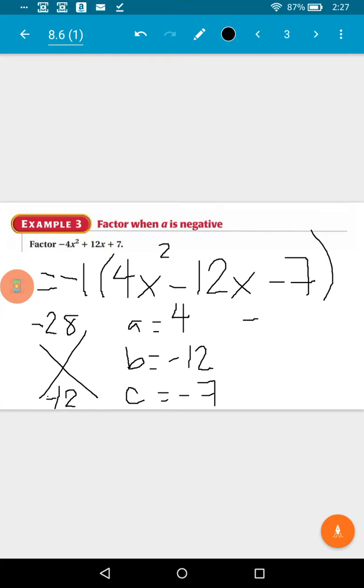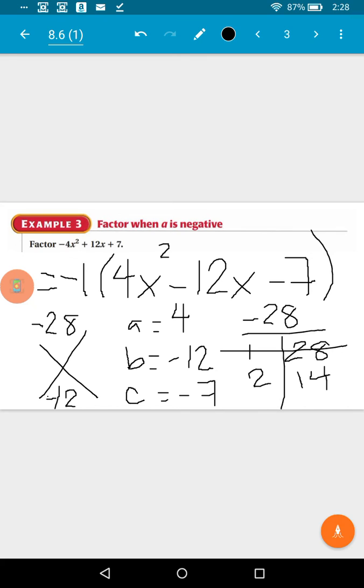Same thing, the factors of negative 28. We have 1 and 28. I know one of them has to be negative in order for me to get negative 28, but I'll never be able to add these and get negative 12. So we're not going to work with that. Next, 2 times, correct me if I'm wrong, 2 goes into 28 fourteen times.